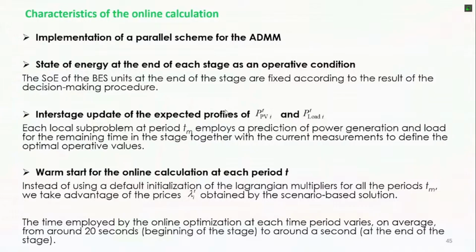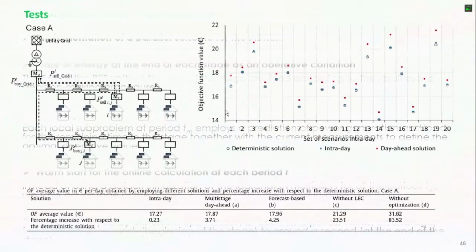And there is also a warm start calculation. We have seen that the greatest effort is the calculation of lambda. So instead of starting from a lambda that is just fictitious, we can start from the lambda that is calculated at the end. So this facilitates things.